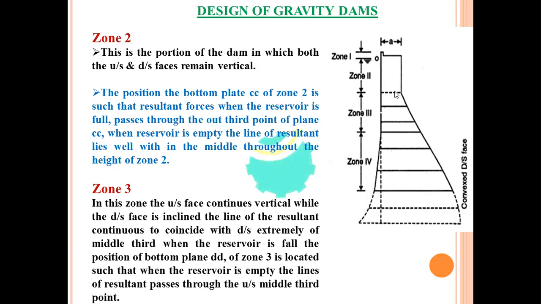Compulsorily, the resultants will follow the middle third rule at the base of the dam. All zones will follow the one-third middle third rule.